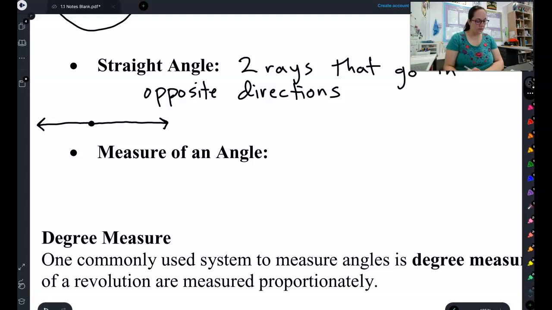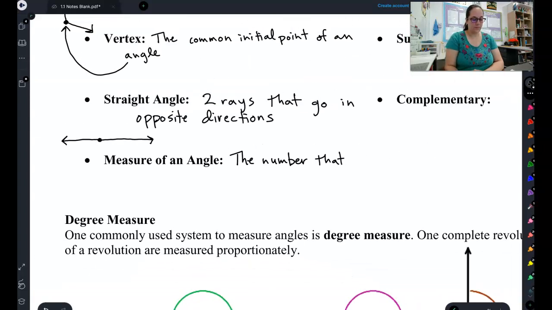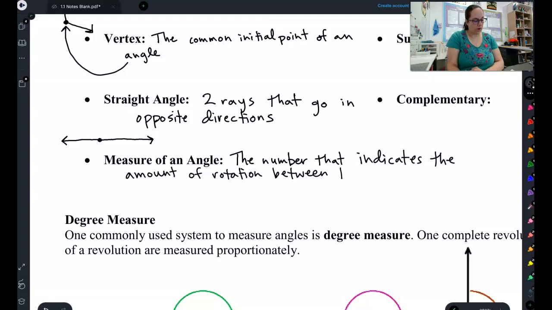The measure of an angle is the number that indicates the amount of rotation between the rays of an angle.